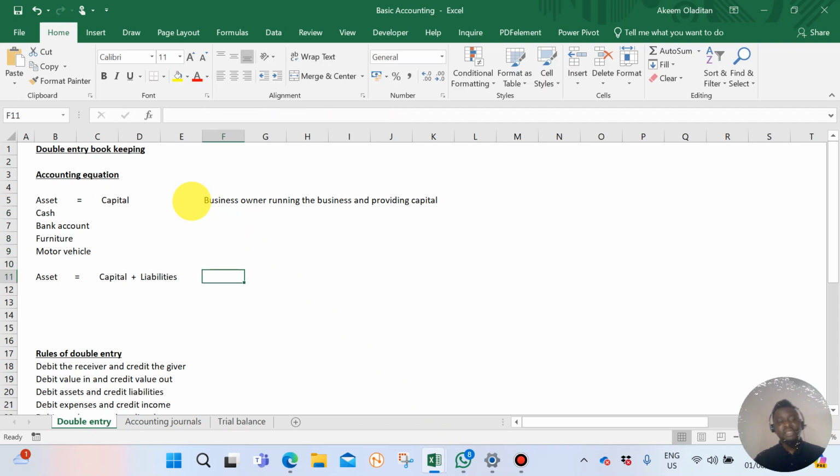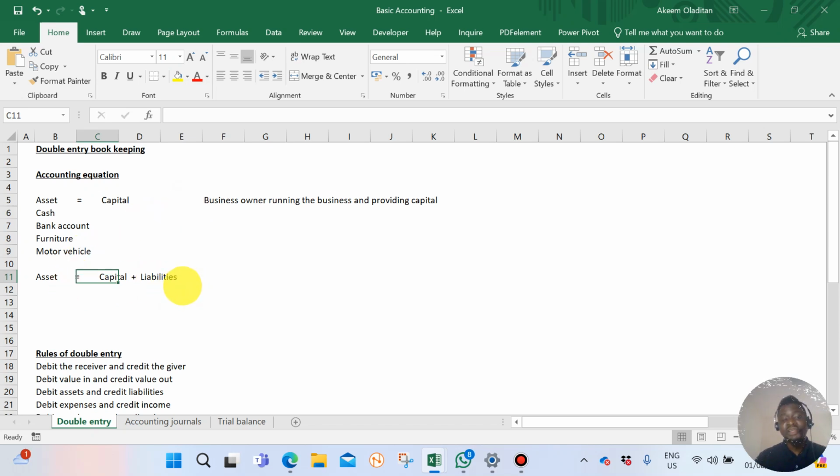Let's go further down to say that the business owner has provided capital, but in the practical world, a business cannot stand alone when you have only assets. There has to be other things to back the assets, not only the capital that the business owner has brought into the business, maybe in the form of borrowings. The business owner can go to the bank to borrow some money to bring to the business. When you borrow money to bring to the business, it becomes a liability.